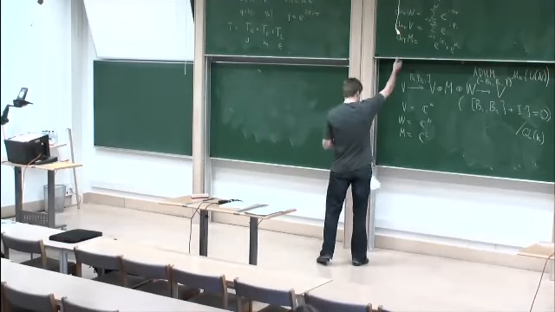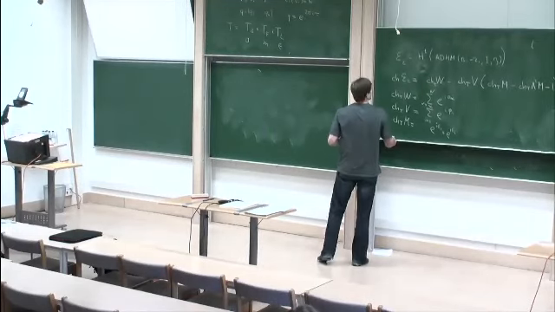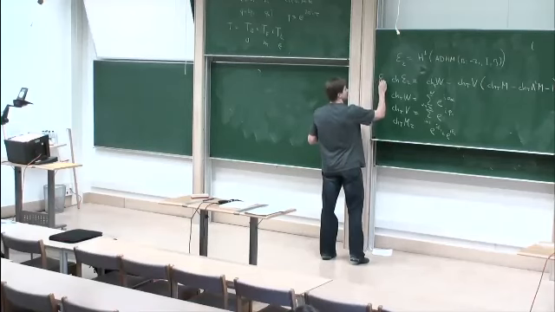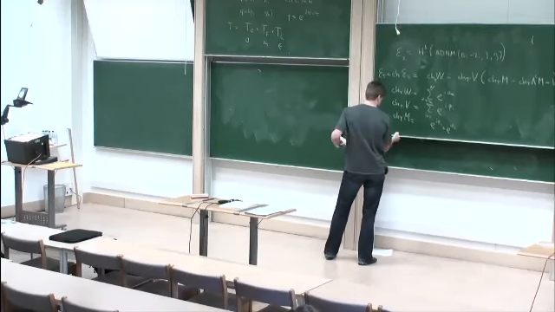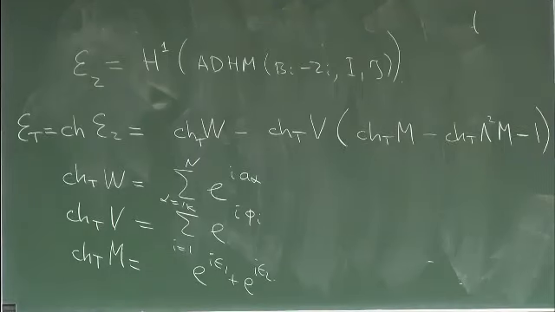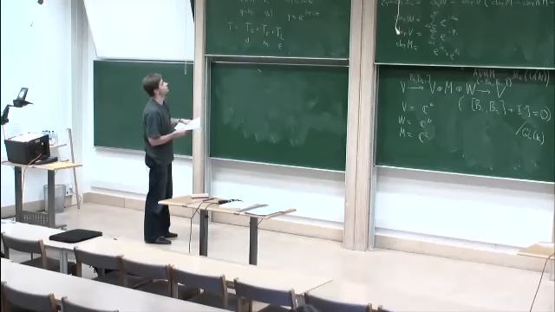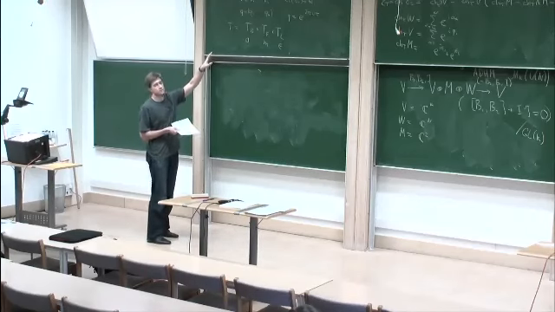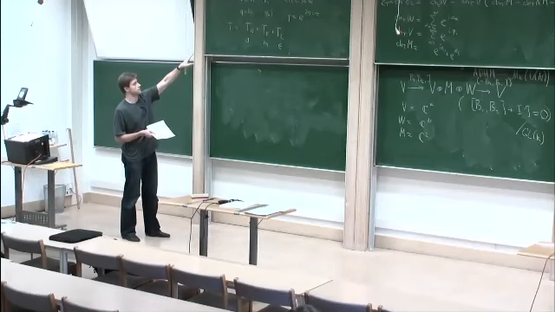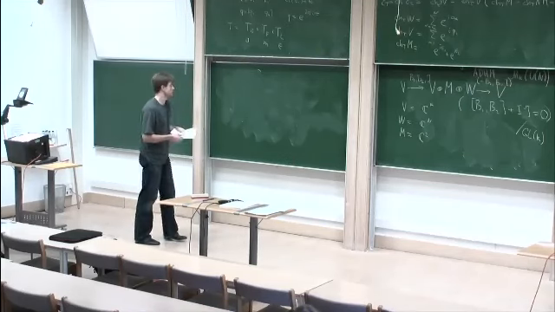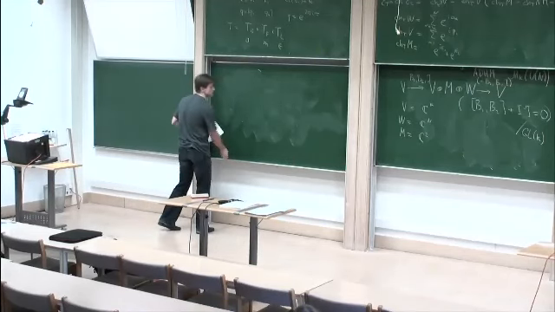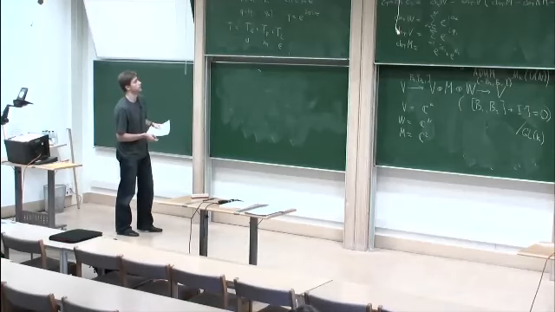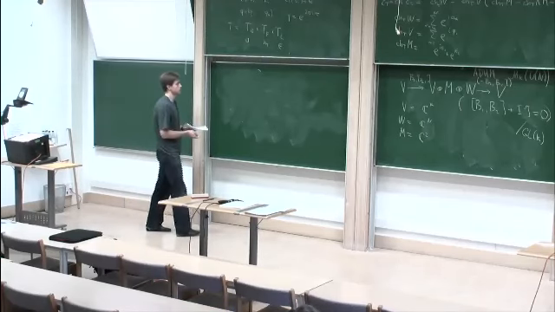So actually, let me denote it by epsilon_t. Okay, so we need the Euler characters of those infinite dimensional bundles fibered over the space of connections, and for that we use the Atiyah-Singer theorem, or in this connection it can be thought of as the Hirzebruch-Riemann-Roch formula.